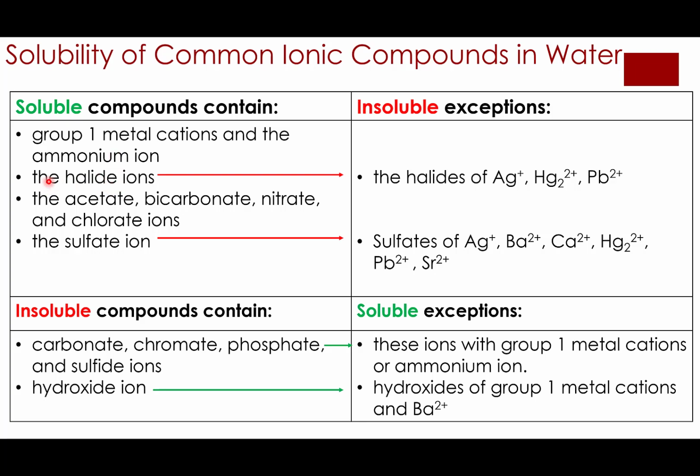Number 2, halide ions are typically soluble. Halide ions are going to be the halogens, the group 7 ions. So if you look at your periodic table, find group 17 or 7A, and we're looking at things like fluorine and chlorine and bromine, so on and so forth.